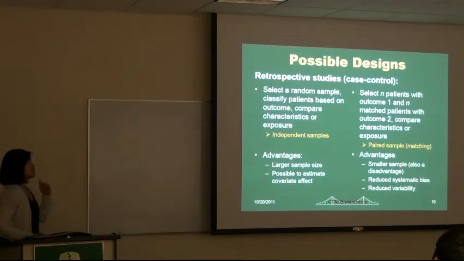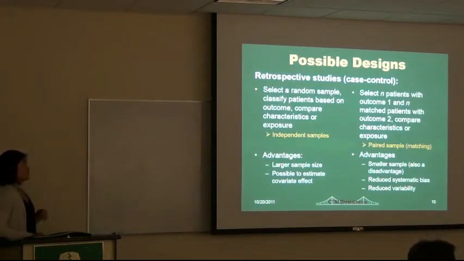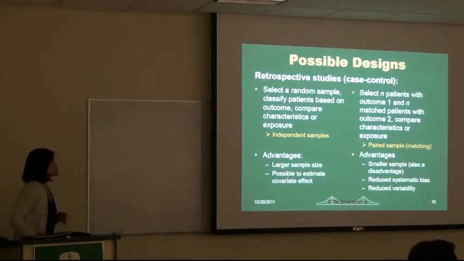Or, let's say the database is really large and you don't want to include all the patients. Then you can select n patients with outcome 1, let's say patients who have the disease, and then select n matched patients without the disease, and go back and compare the characteristics. So in this case, you get a pair sample, but the pairing here is a result of matching.